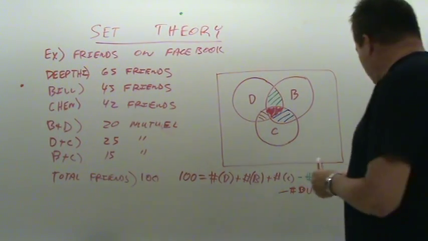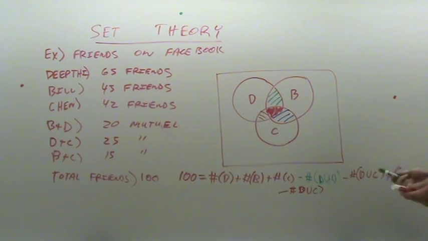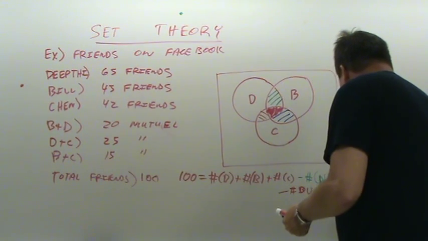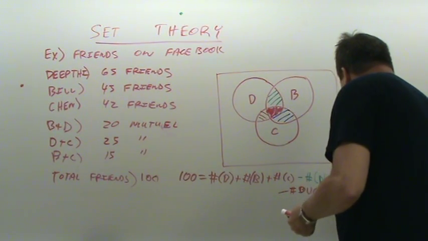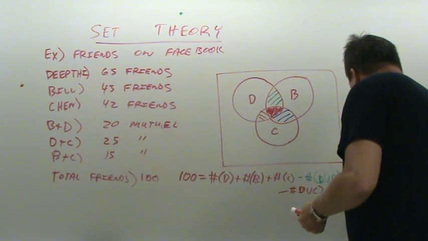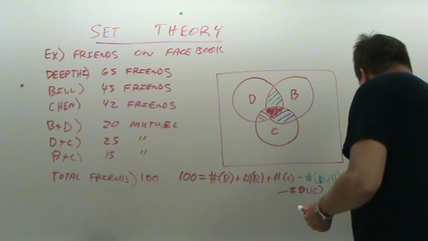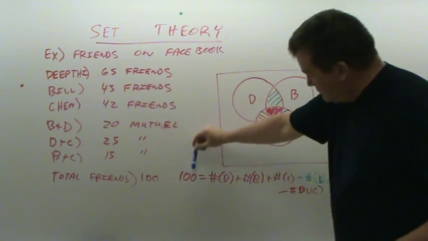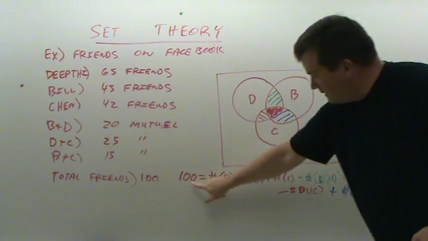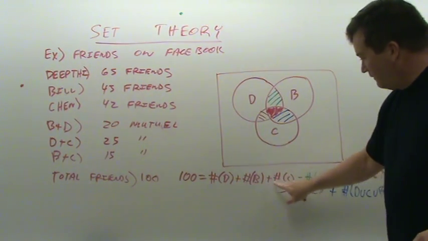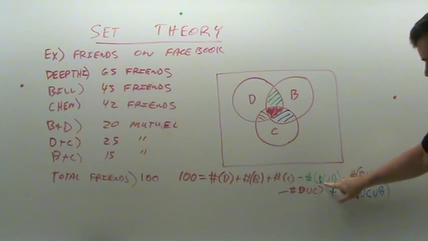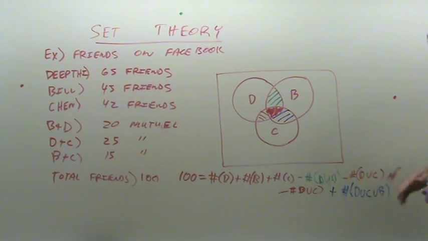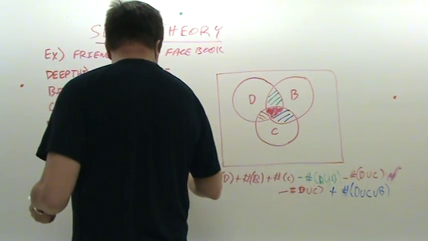So we should add it back: the number of people in D union C union B. That's the number we don't know, but we know all these other numbers, so we now have an equation. 100 equals 65 plus 45 plus 42 minus 20 minus 25 minus 15 plus the thing we're trying to figure out, and it eventually comes out to 8.